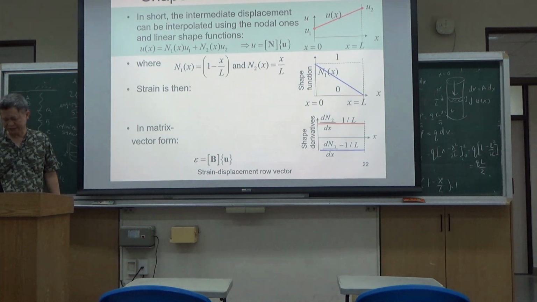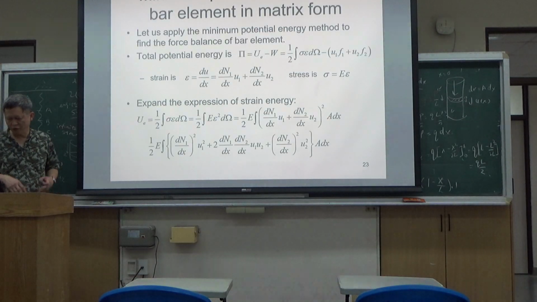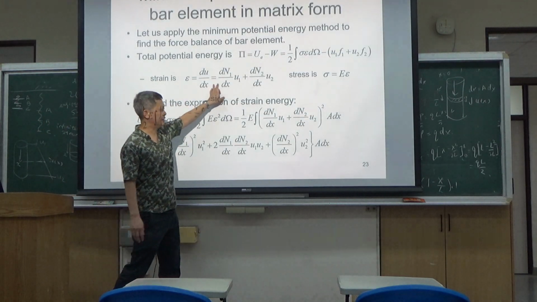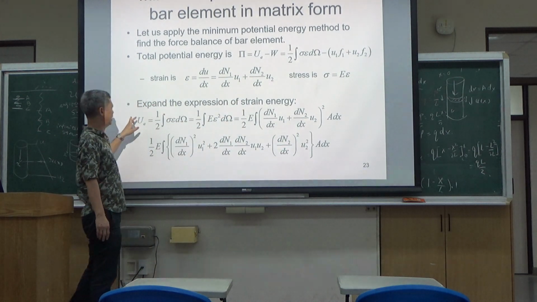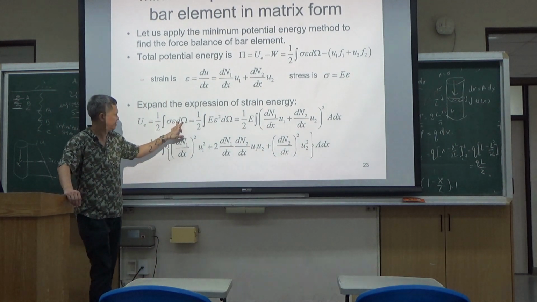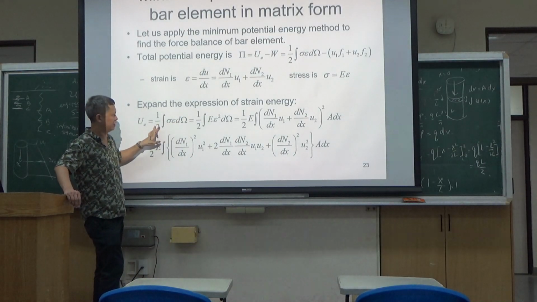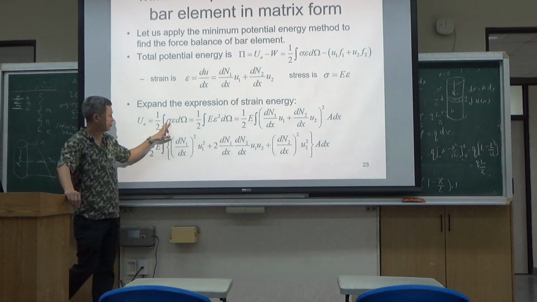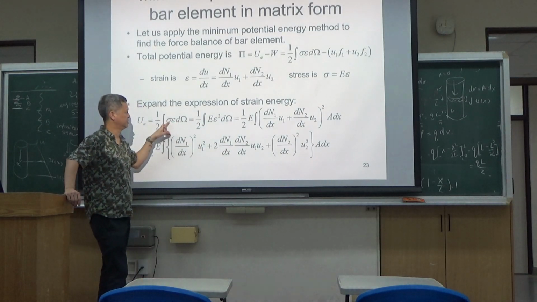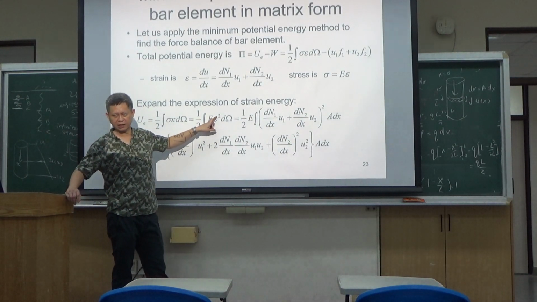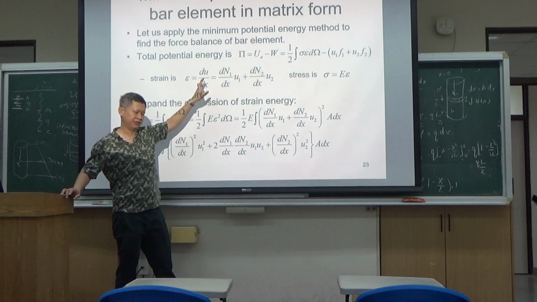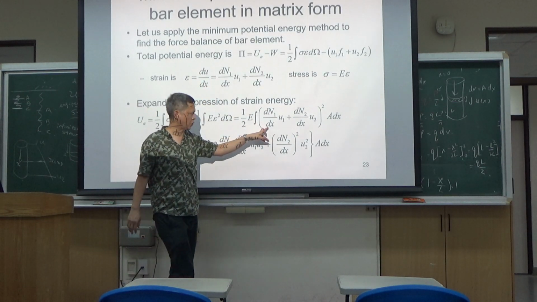Okay? And next, I have obtained the strain. Next, I can write my strain energy as stress times strain, integrated over the space and divided by 2. And stress is equal to Young's modulus times strain. As a result, you're going to have the strain squared. Strain was previously written in vector form. If you want to write it in scalar form, it's also okay.